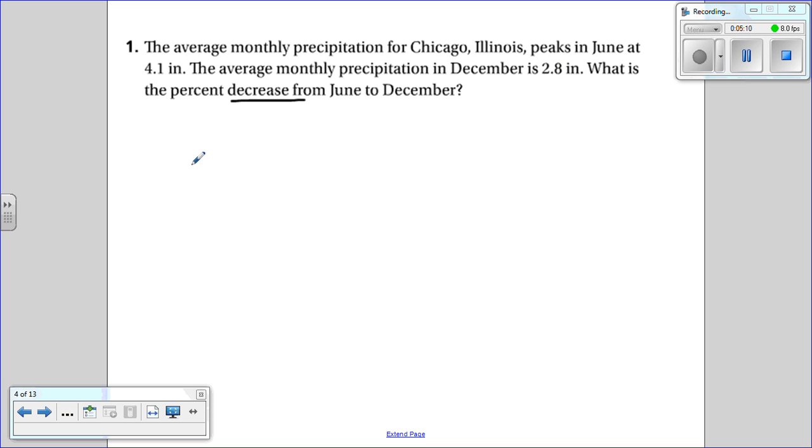Okay, so the percent change is going to be the old one, which is 4.1. That's what it was in June, minus 2.8 divided by the original, which is 4.1. So 4.1 minus 2.8 gives us 1.3.